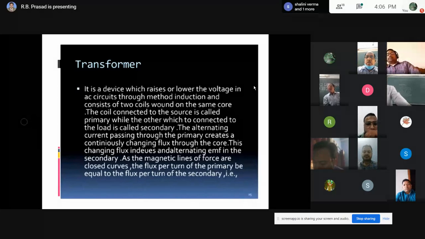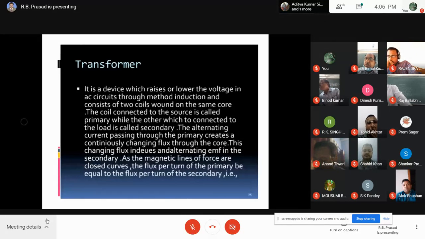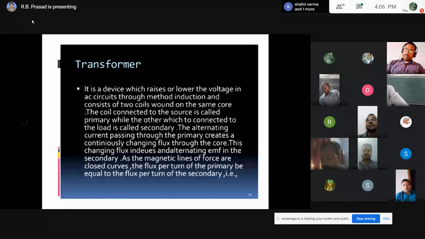This changing magnetic flux induces an alternating EMF in the secondary coil. As the magnetic lines of the core are closed curves, the flux per turn of the primary is equal to the flux per turn of the secondary.